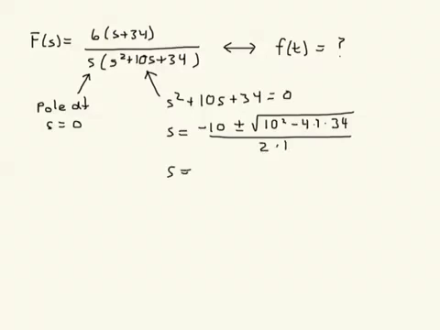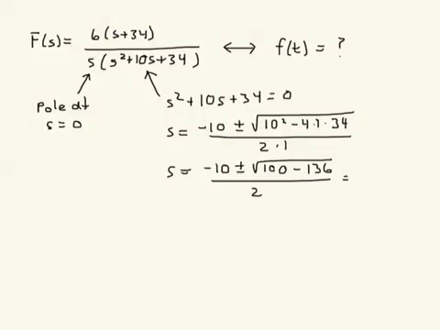So s is equal to minus 10 plus or minus the square root of 100 minus 4 times 34, which is 136, over 2.